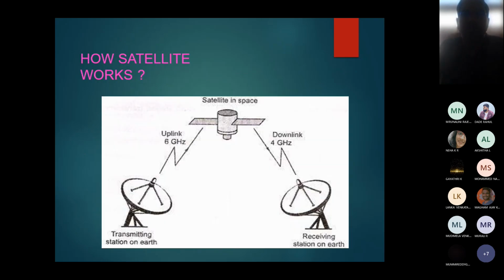Then how does the satellite work? Generally a satellite is a microwave repeater located at a very high altitude from the surface of the earth.